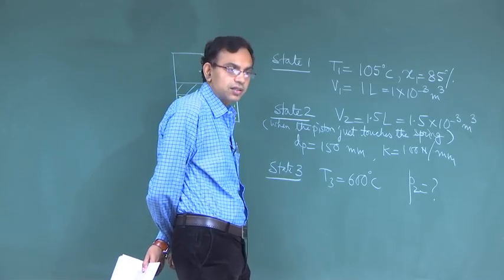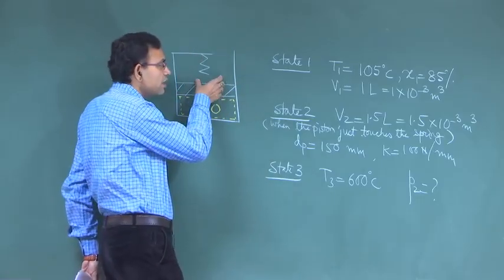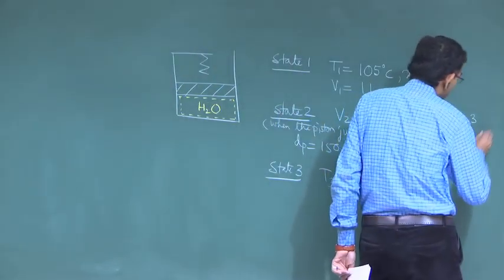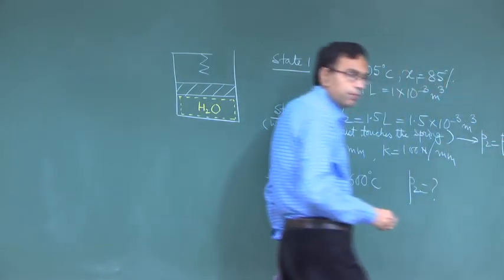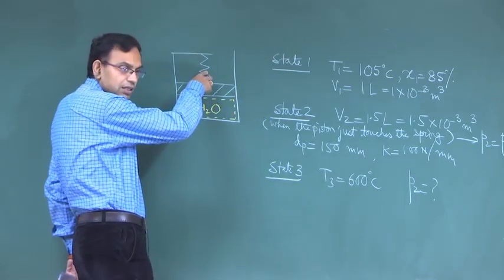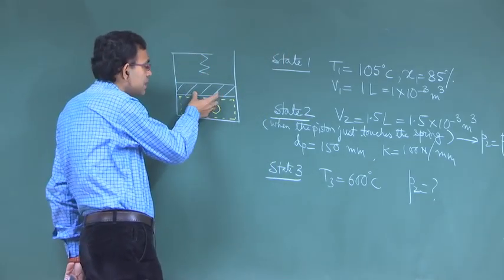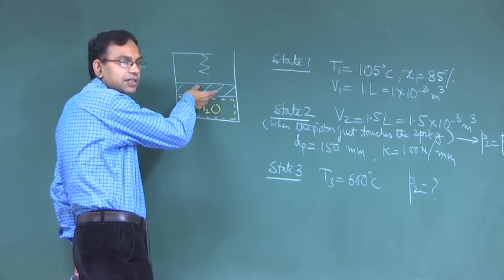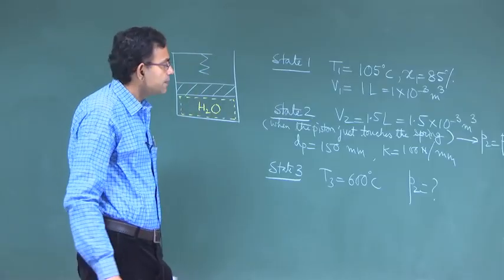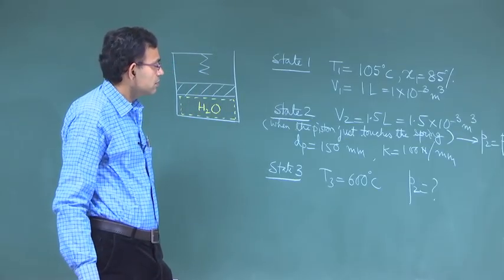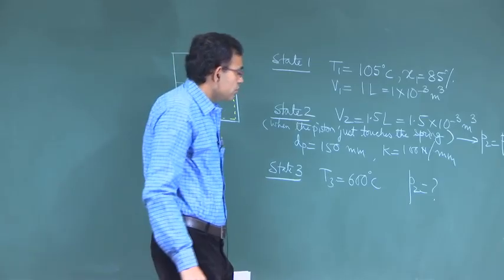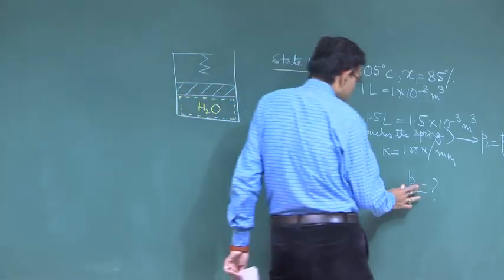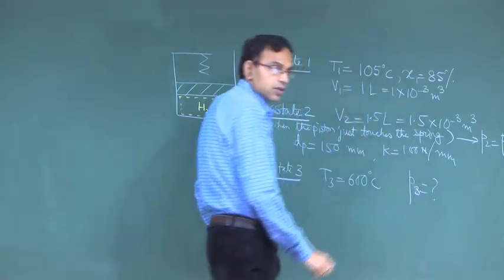Whatever is the pressure at state 1 at which this is floating, it should be the same. So, this means that P2 is equal to P1, because the equilibrium pressure will change only after it compresses the spring. Before it compresses the spring, it moves in a quasi equilibrium process, because the resistance does not change, the internal pressure also does not change. Okay. So, then what we have to do is, sorry, this is P3. What is P3?